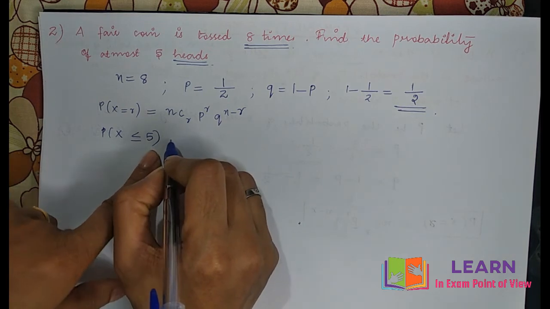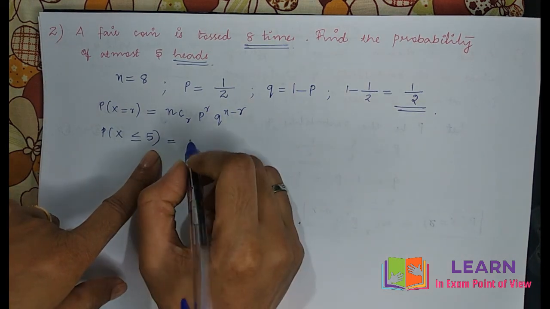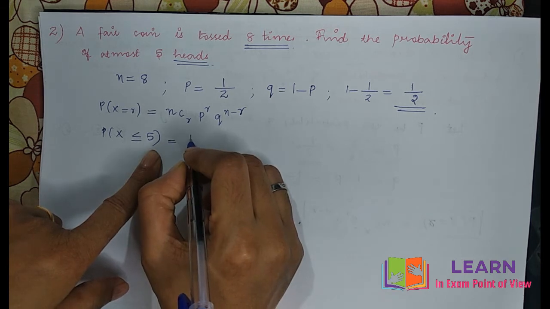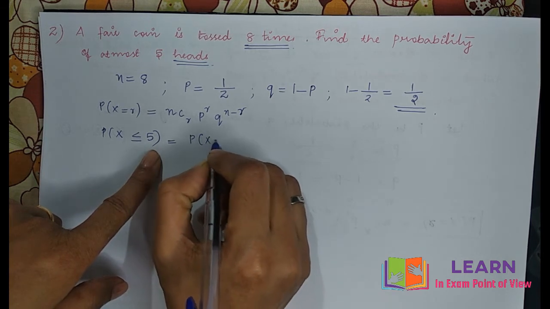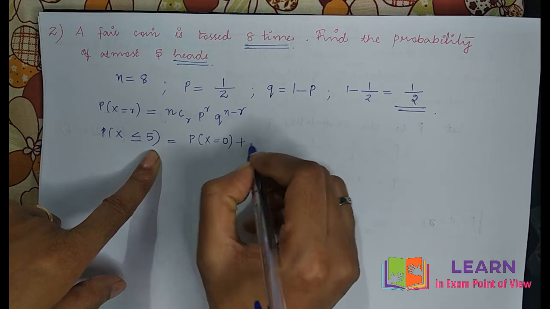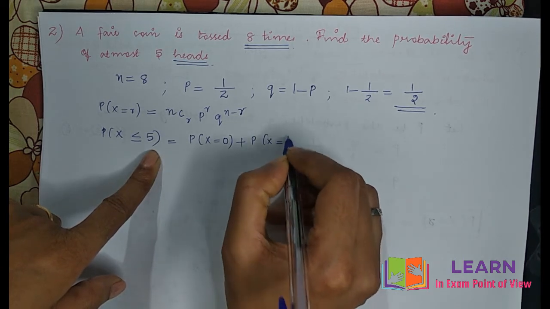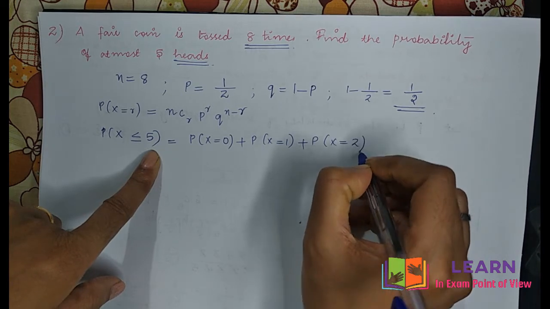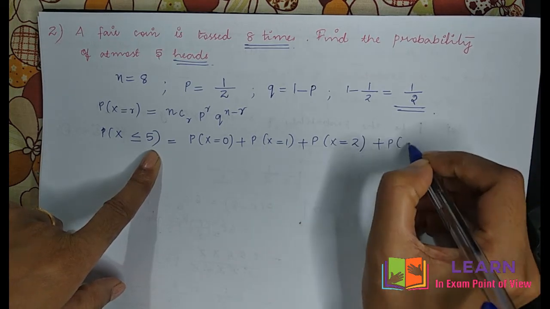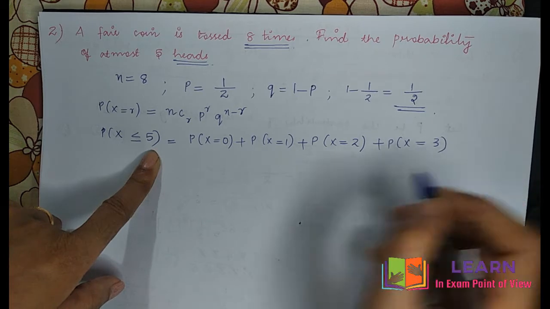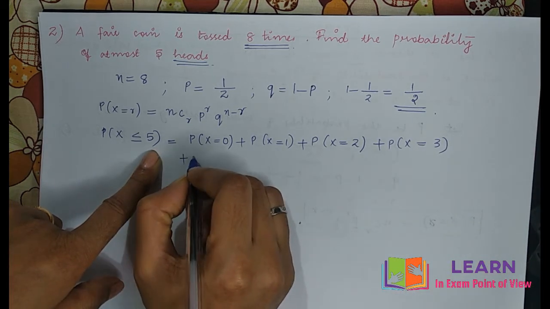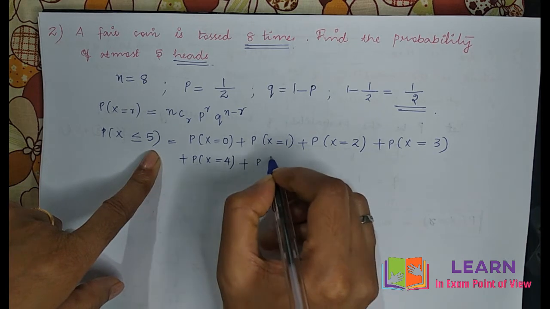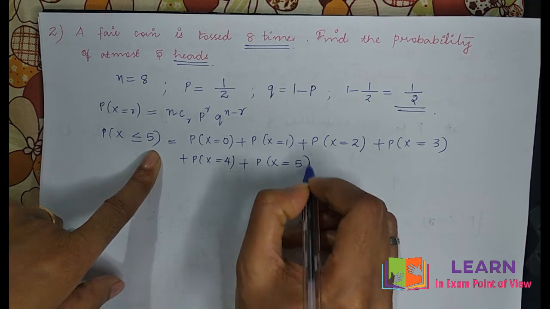That means what? We have to take all the possibilities like this. P of x equal to 0 we can take, plus P of x equal to 1, plus P of x equal to 2, plus P of x equal to 3, then plus P of x equal to 4, plus P of x equal to 5.